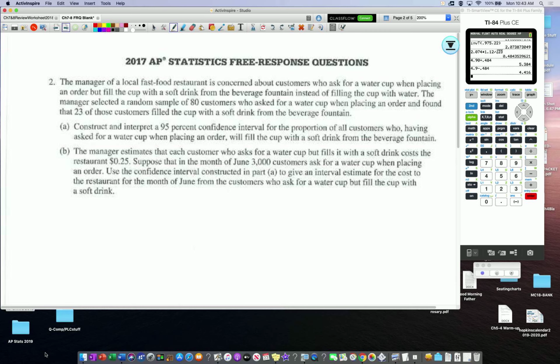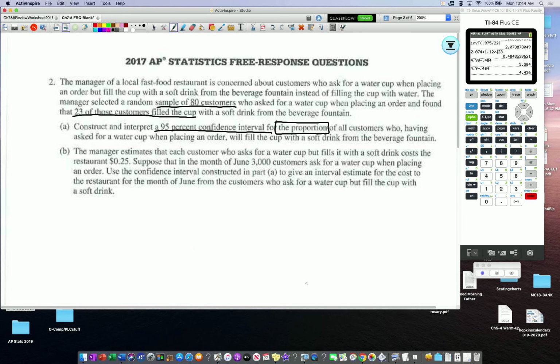The manager selected a random sample of 80 customers who asked for a water cup when an order was found. 23 of those customers filled the cup with a soft drink from the beverage fountain. So here it says construct and interpret a 95% confidence interval for the proportion of all customers having asked for a water cup when placing an order who will fill the cup with a soft drink from this beverage fountain.